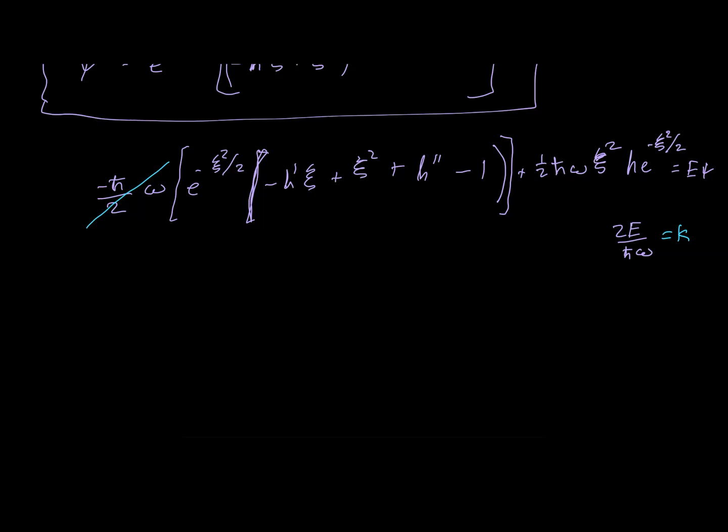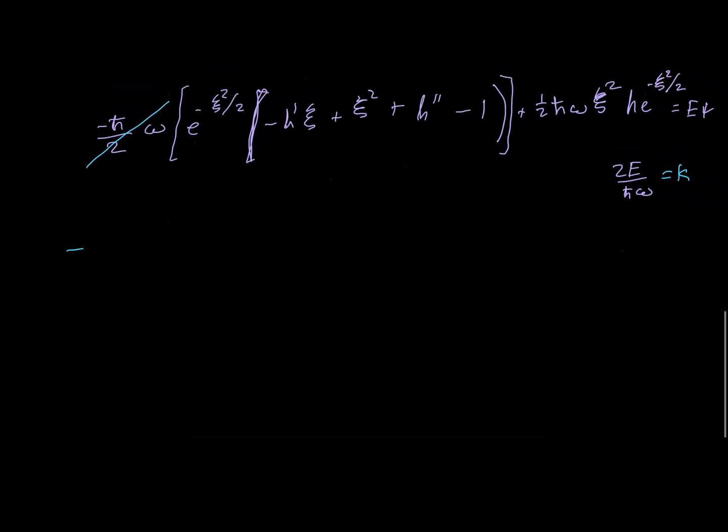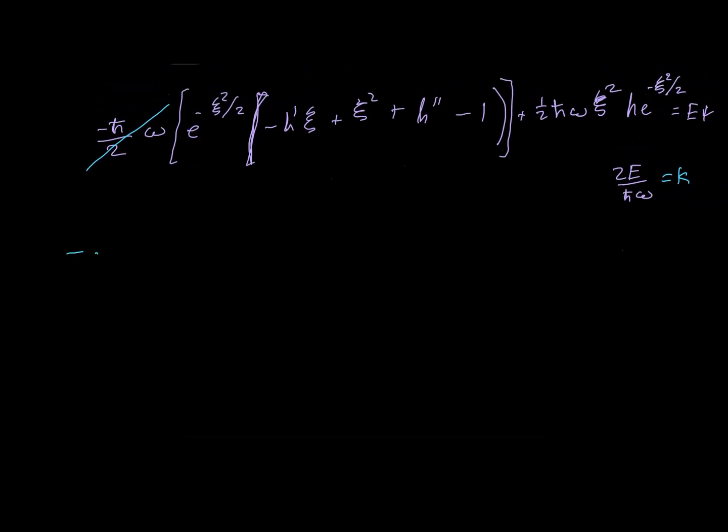So we get just a negative e to the minus c squared over 2 times minus h prime c plus c squared plus h double prime minus 1, okay?